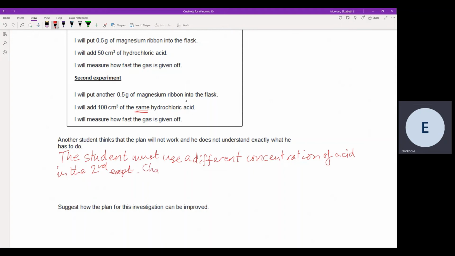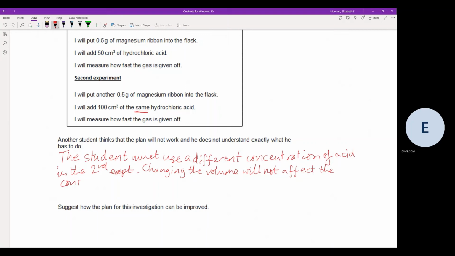Changing the volume will not affect the concentration. Okay. The plan needs to tell us how we're going to measure the gas.